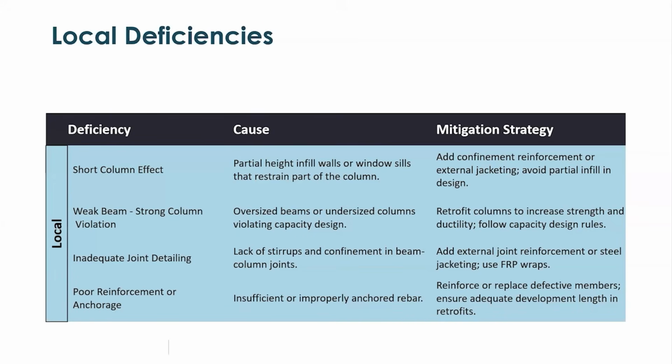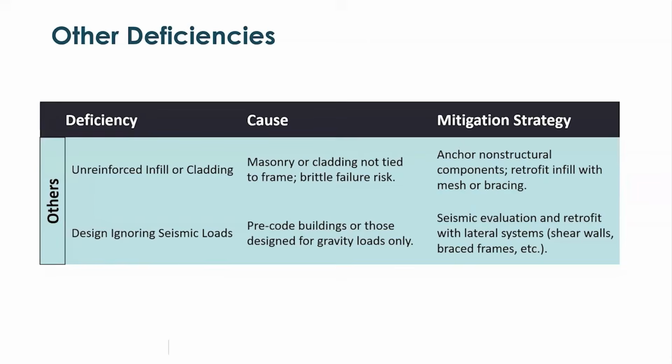Similarly, for reinforcement lap splices, we have to fix that with local development. And unreinforced infill or cladding causes a lot of problems. We can improve the strength of the masonry by adding plaster with mesh, or jacketing of the wall, and many other things can be done. Or we remove them from the system altogether.